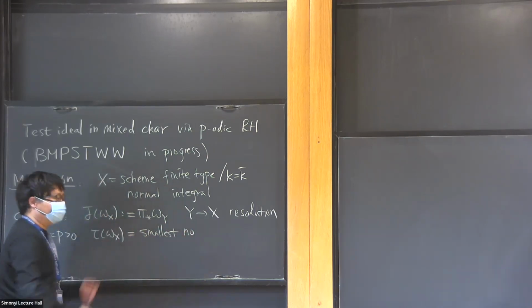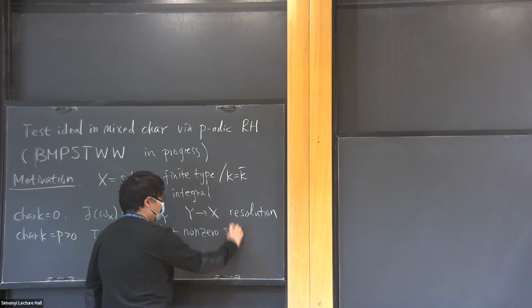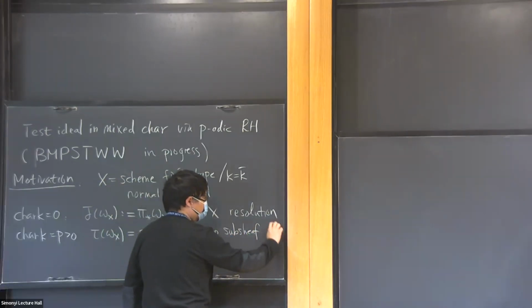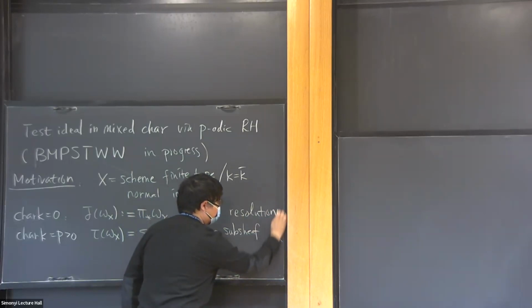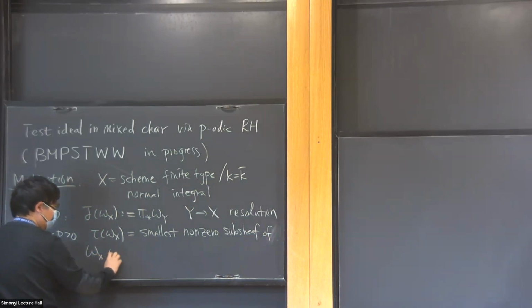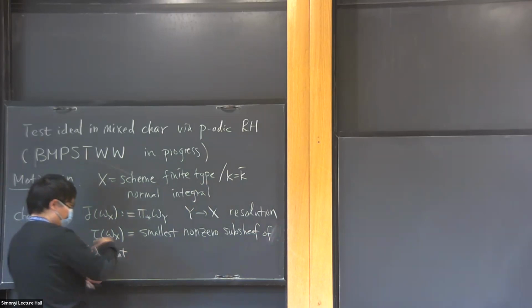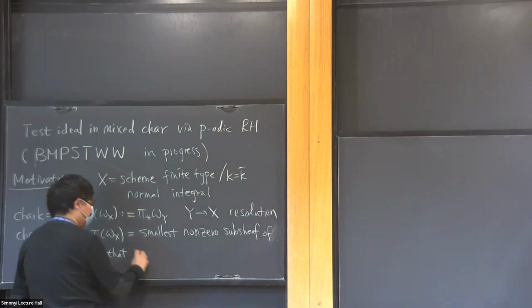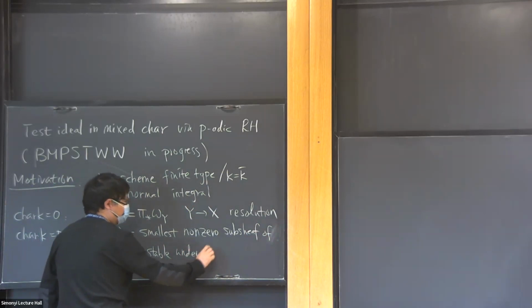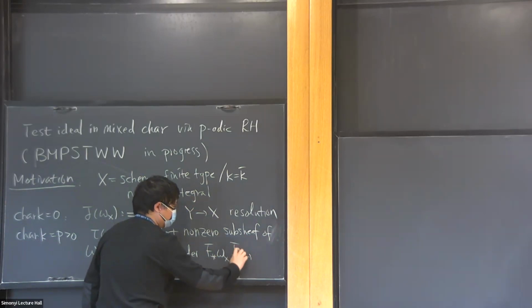One way to define it is the smallest non-zero subsheaf of your canonical sheaf that is stable under the trace map of the Frobenius.